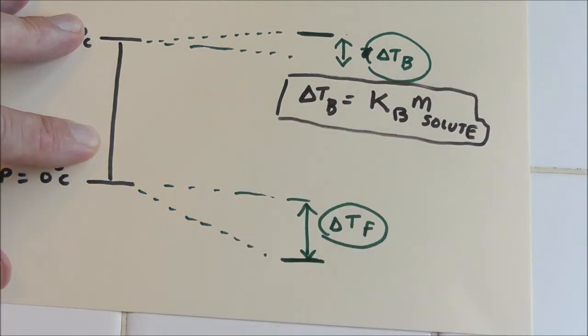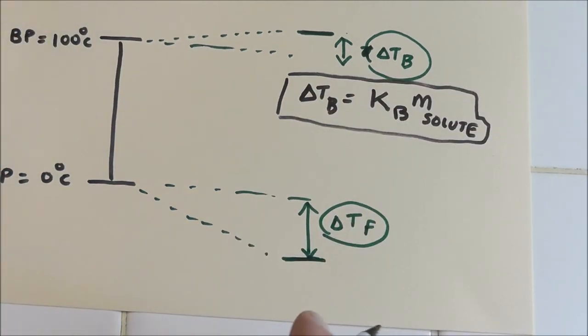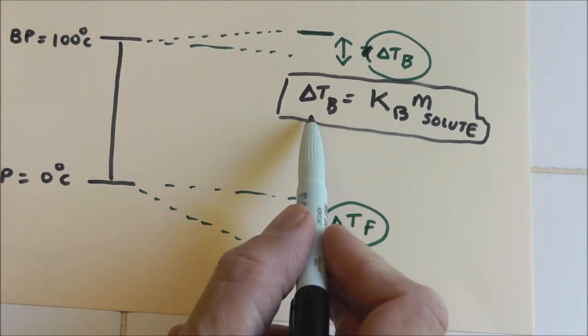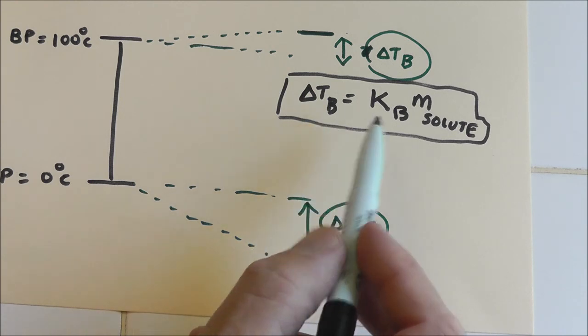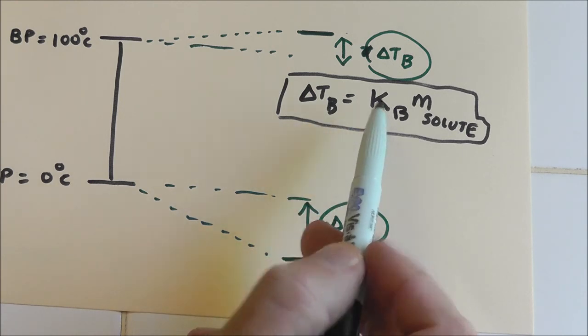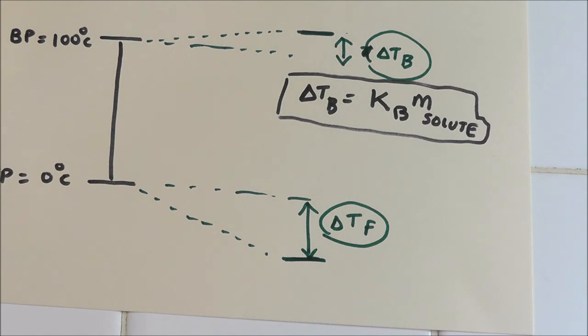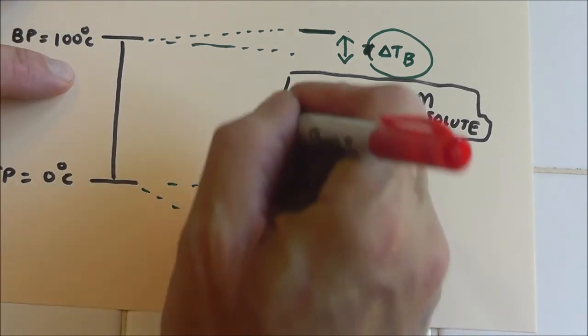And so what's up with that? That's basically saying the change of the boiling point is equal to a proportionality constant, which I'm going to give a name. It's called the boiling point elevation constant.